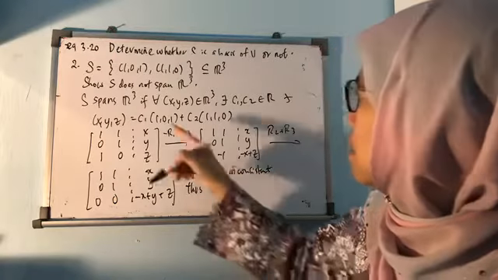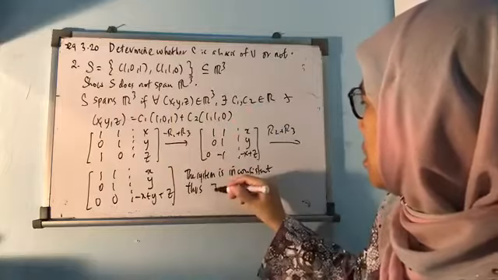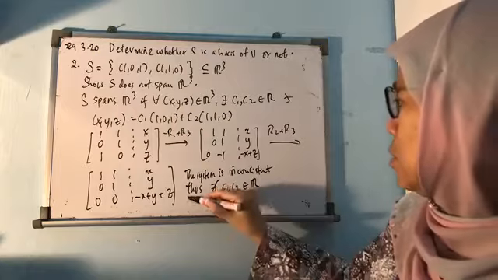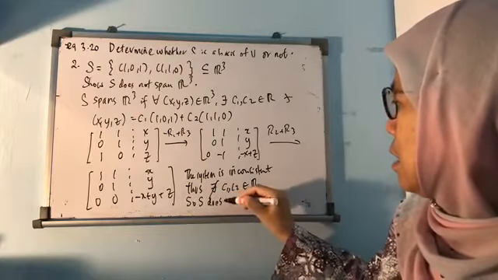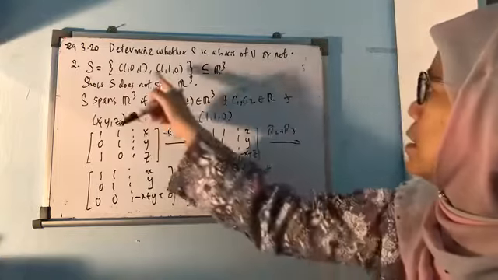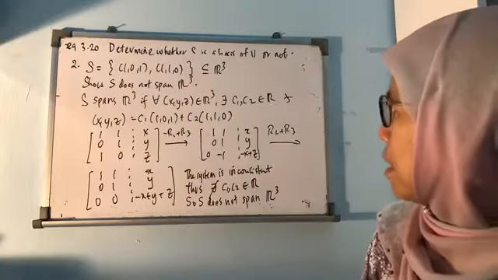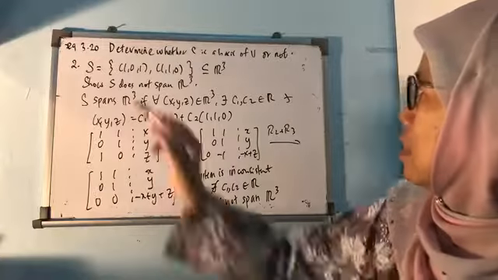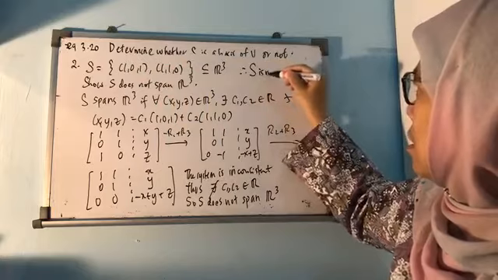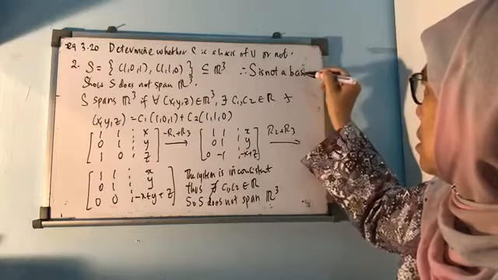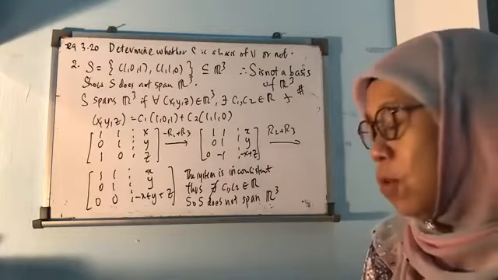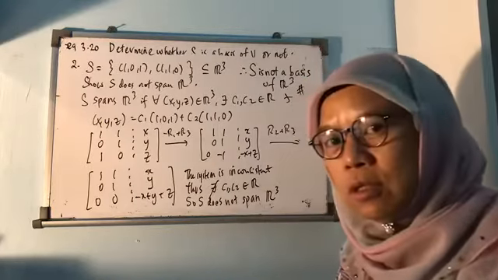Thus, there does not exist C1, C2 in R, so S does not span R3. So what is the answer? S is not a basis of R3. This is the final answer. And why is it not a basis? Because it does not span R3.